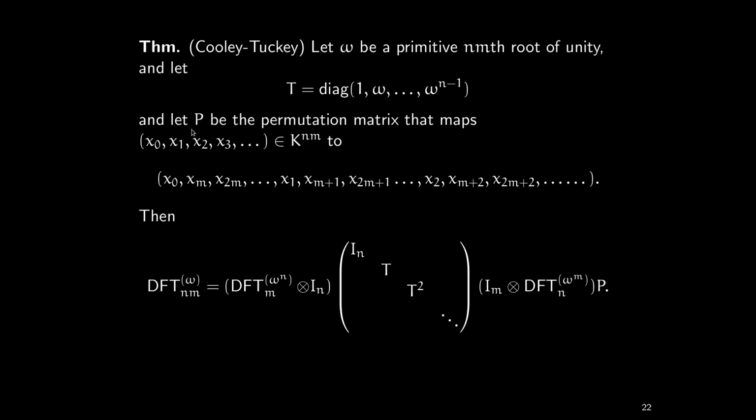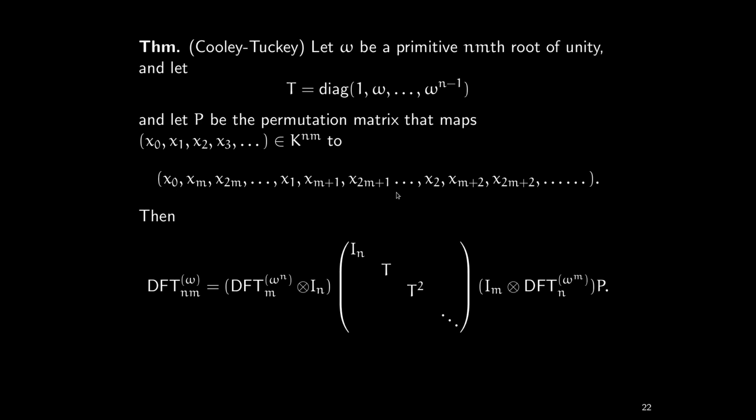Now we need a permutation matrix P that reorders the entries of the input vector according to equivalence classes mod m, if you want to say it like this. So in the first section you get the multiples of m here.